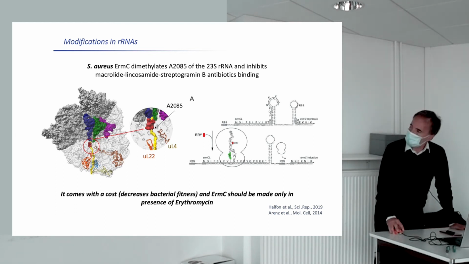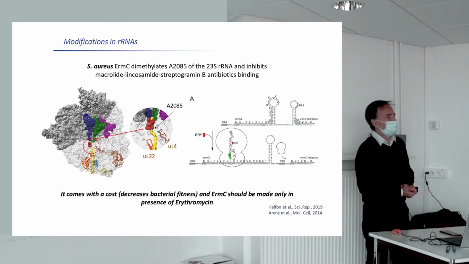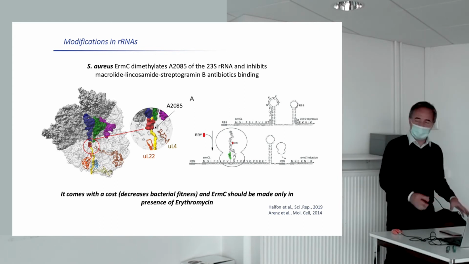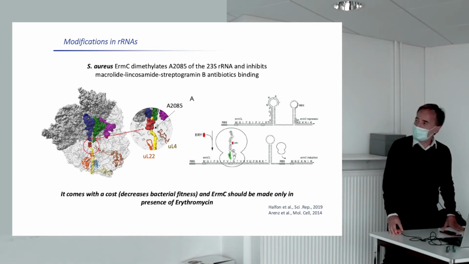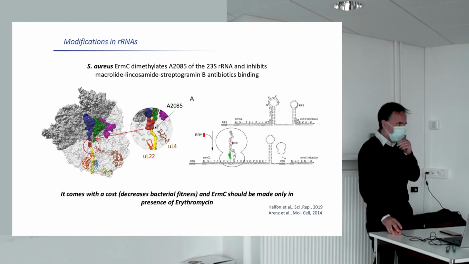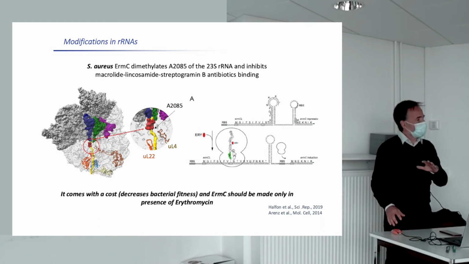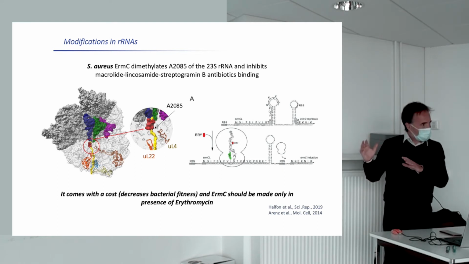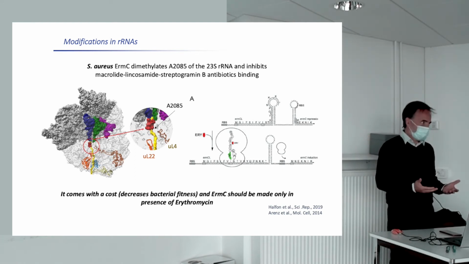If we zoom in, we see that there are residues of some ribosomal proteins surrounding this binding site, and especially one residue of the 23S RNA in this peptide tunnel, the A2085. Again, this is the nomenclature from Staphylococcus aureus, still an example of a pathogenic bacteria.